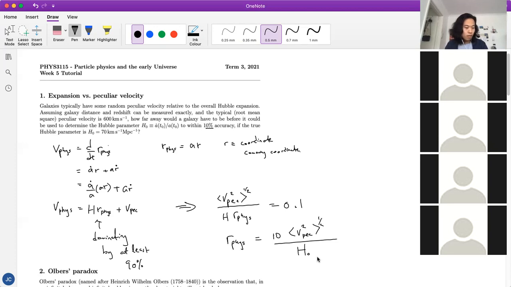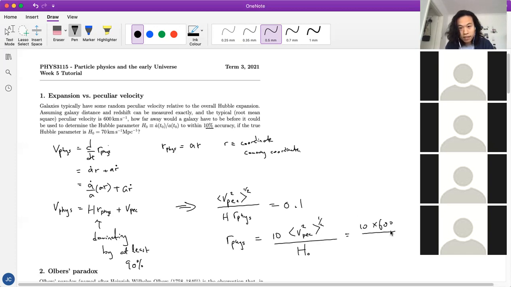So it's still going to be the Hubble rate today because it's where I am. So we can label this as H naught. If you're looking at something extremely far away, then maybe not, but this is still fairly okay. So within approximation, and putting in the numbers that we have here, so 10 times the RMS peculiar velocity, 600 kilometers per second, divided by a Hubble rate of 70 kilometers per second per megaparsec, that's approximately 86 megaparsecs.